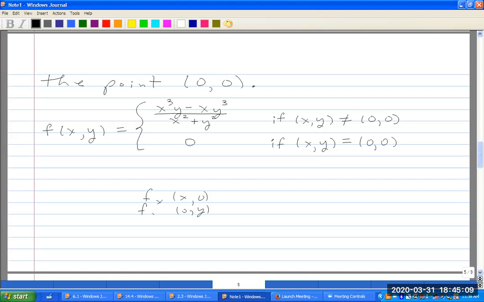Okay, so let's determine the partial of f with respect to x at x, 0.